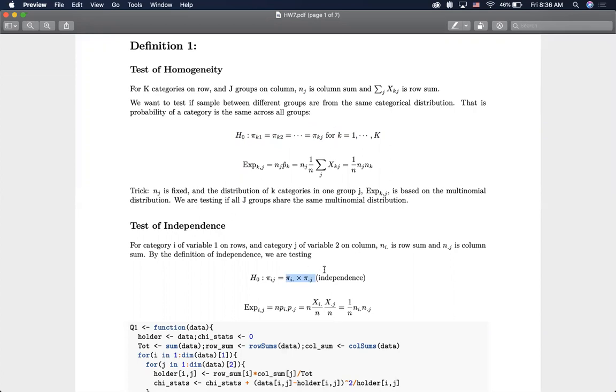Here you more likely have two different variables, so we are trying to check whether the ith category of the first variable and the jth category of the second variable are the same or not, independent or not. That will give you a sense of whether you want to use the independence test or the homogeneity test.